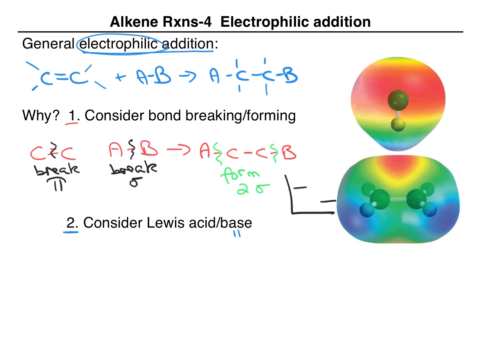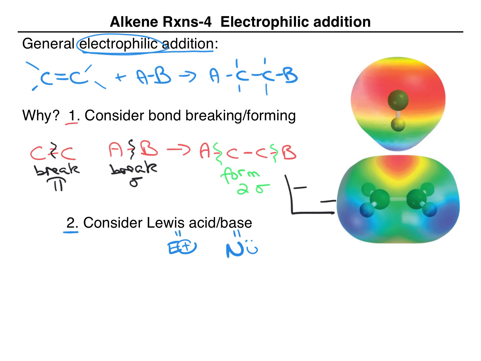Another way to think about electrophilic addition reactions is to consider a Lewis acid and Lewis base. So a Lewis base, this is a nucleophile, and a Lewis acid, this is an electrophile. Because the alkene has very exposed electrons, it is attractive to an electrophile. So the alkene acts as a nucleophile and shares electrons with an electrophile. So here we have an electrostatic potential map.